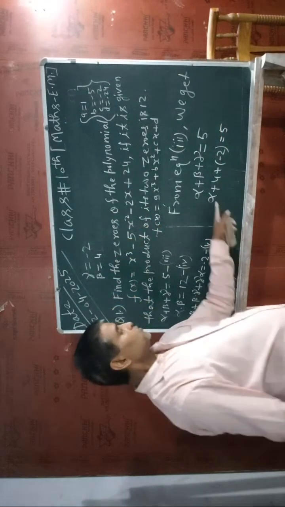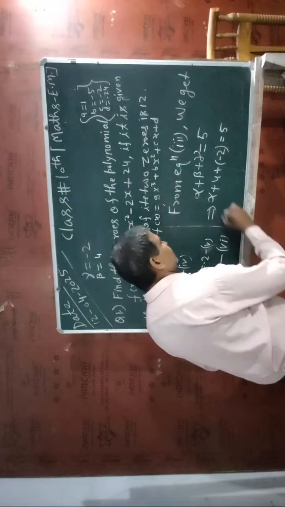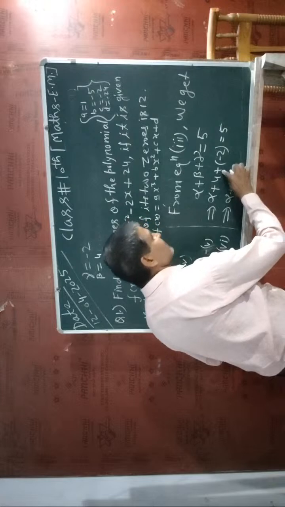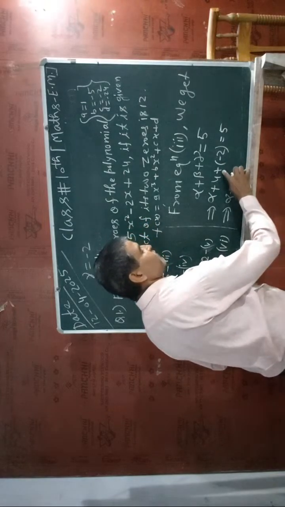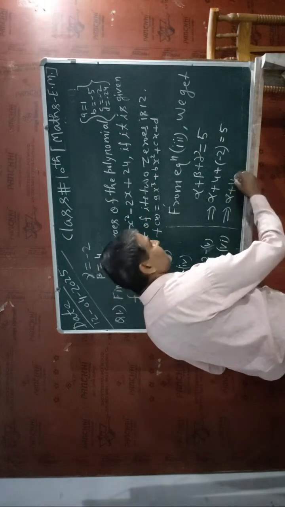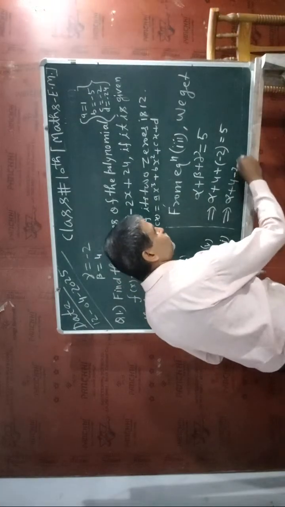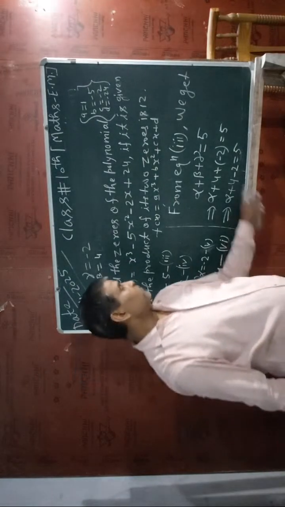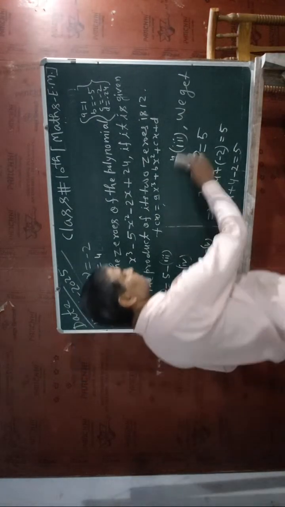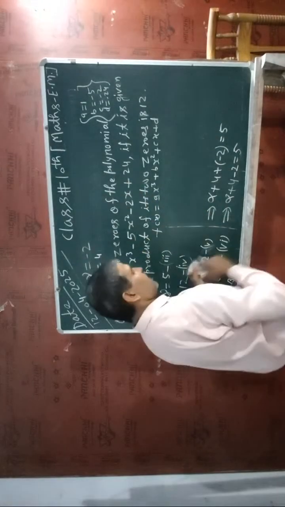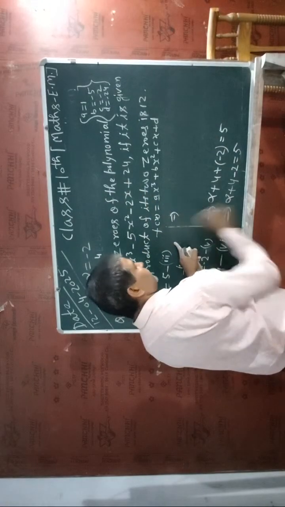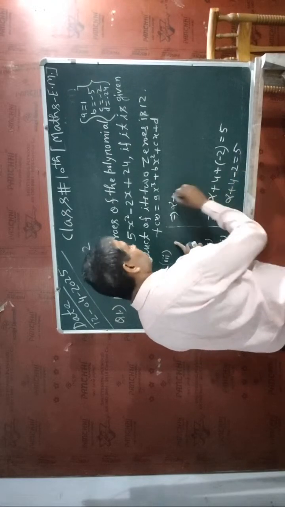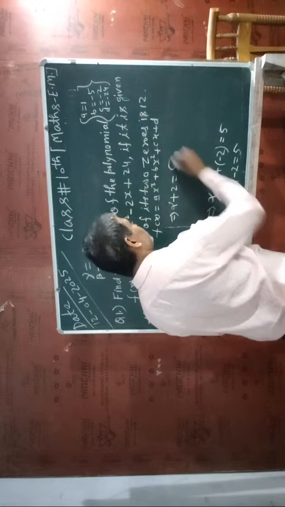Okay student, so I will simplify. This implies alpha plus 4, and this plus sign with minus sign, when I multiply plus sign with minus sign, it becomes minus 2, which is equal to 5. So alpha plus 4 minus 2, that will be plus 2, is equal to 5.